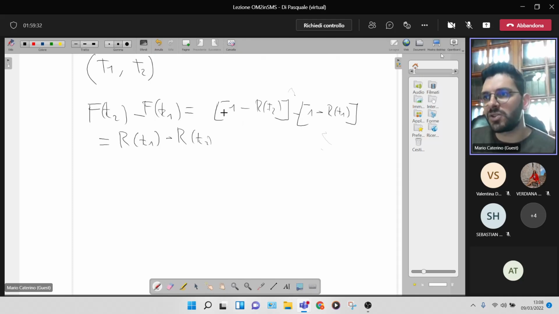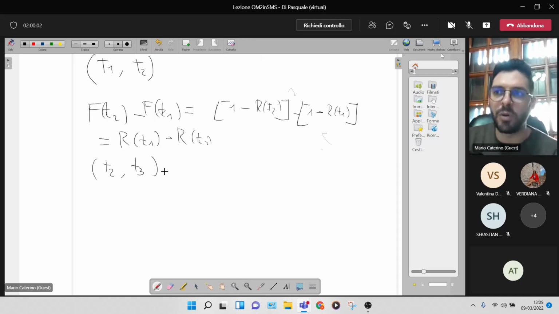Now, if we are interested in calculating the failure probability within a different interval, for example T2, T3, but knowing that the system has already passed T1, so it has already been working since T1.